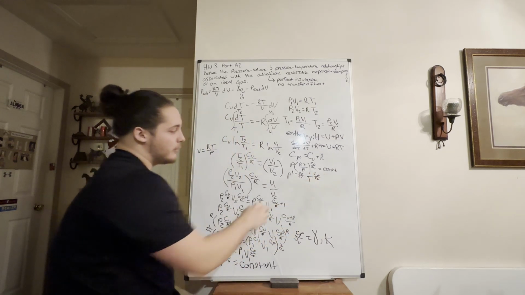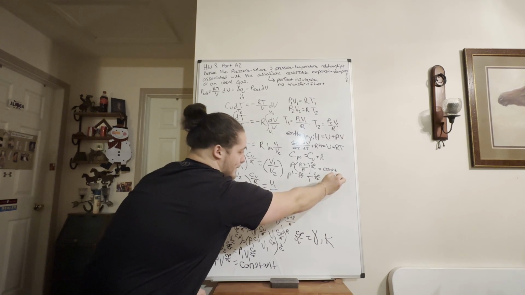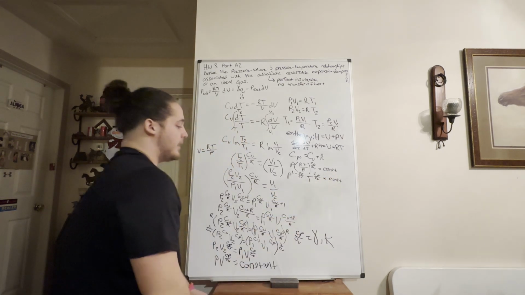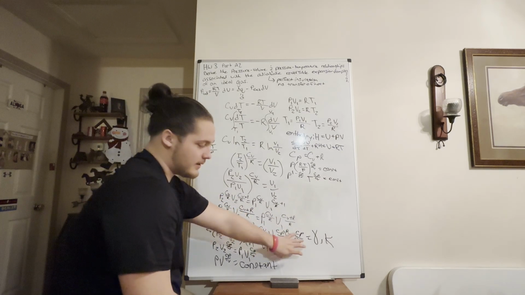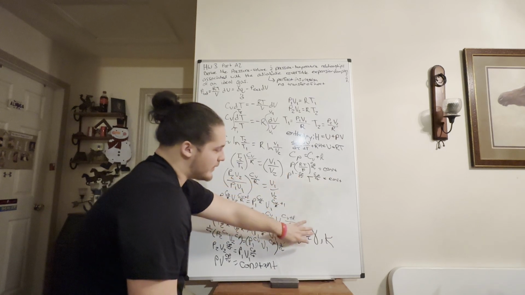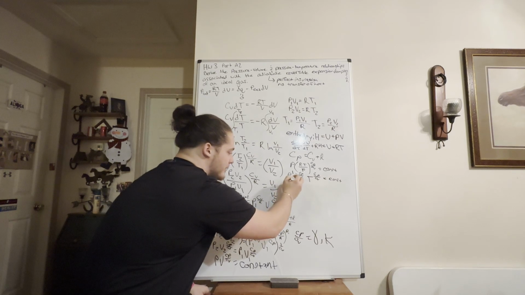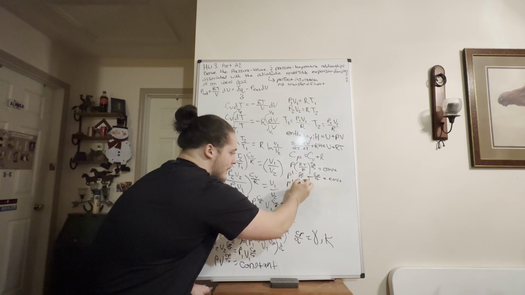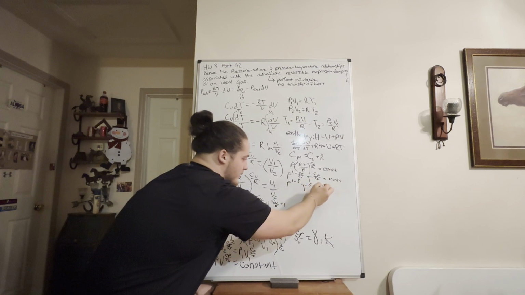And then this again will be equal to our constant. And if you notice down here, we have CP over CV is equal to gamma. So we can replace our CP over CV with gamma in this scenario. So we will get pressure raised to the power of 1 minus gamma times our temperature raised to gamma is equal to constant.